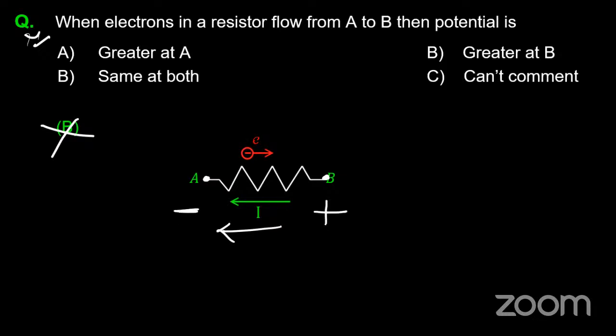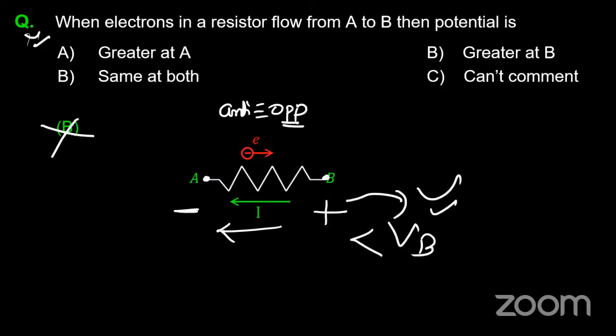And current always moves opposite to the direction of flow of electrons. Remember this, okay? So we will say B will be at a greater potential, मतलब B का potential will be greater than the potential of A. So ये वाला is the right answer.